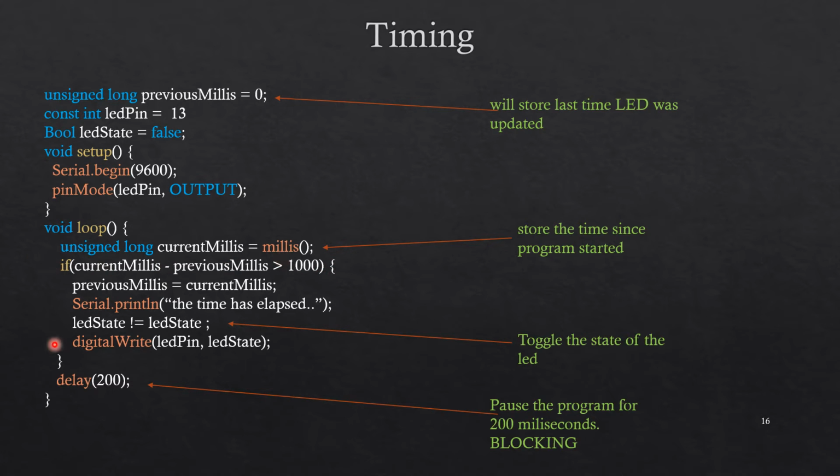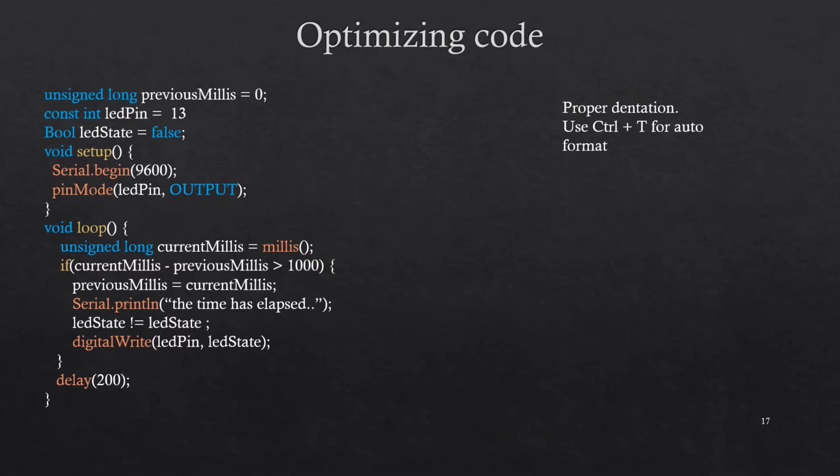Then this if statement would be skipped, and then the program will stop for 200 milliseconds. And then it will go again back to the millis and check again. It will only turn the LED on or off when the millis has reached an amount of time larger than 1000.